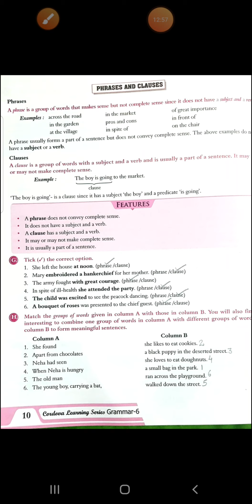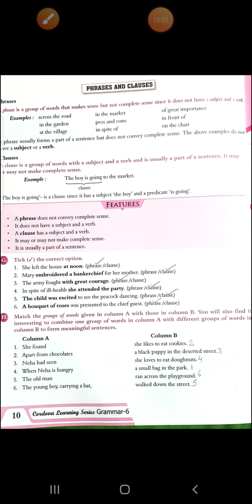If you can find a subject and verb, then that means it is a clause. And it is not necessary that a clause will always give you a complete meaning. But for a phrase, you can never find a subject and verb, and it will never give you a complete sense. So that is the difference between phrases and clauses.